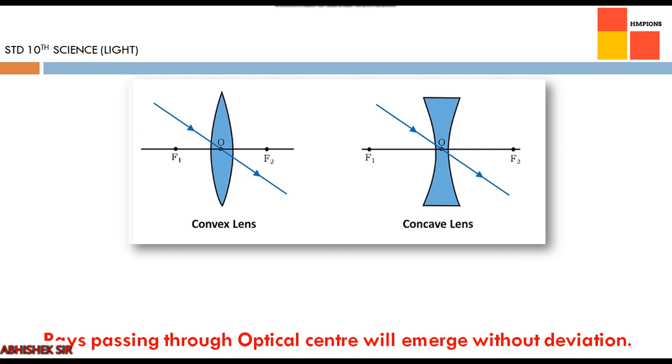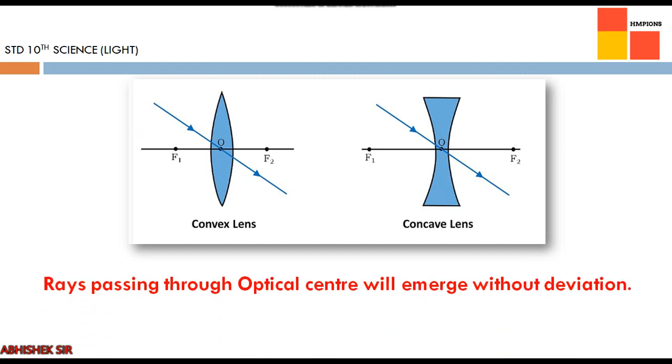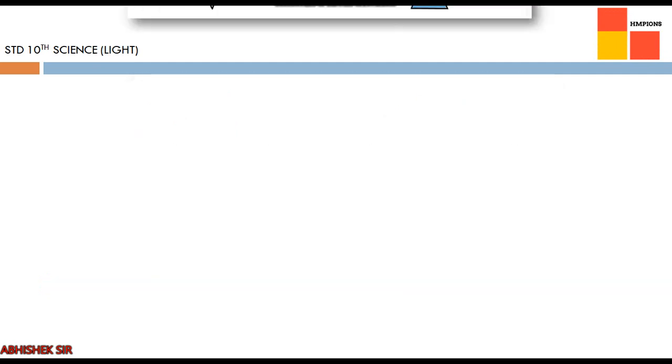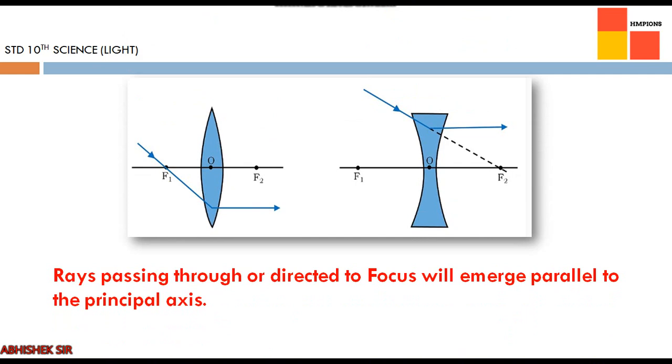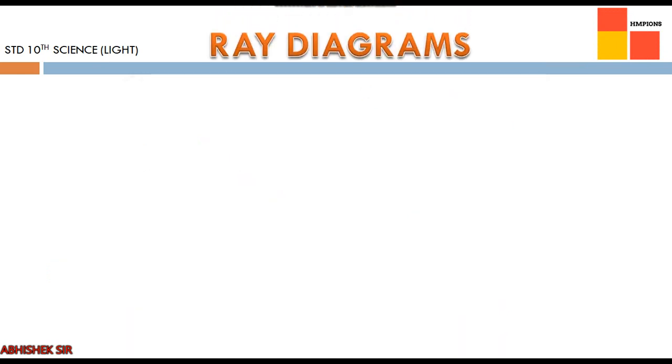The next rule says that rays passing through the optical center will emerge without deviation, so they will pass straight through the optical center. And the third rule is that rays passing through or directed to the focus will emerge parallel to the principal axis. So by these three rules we will be seeing the next topic, that is ray diagrams.